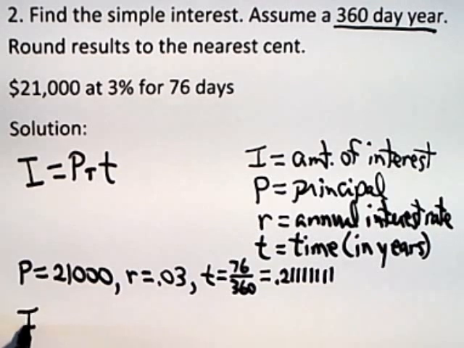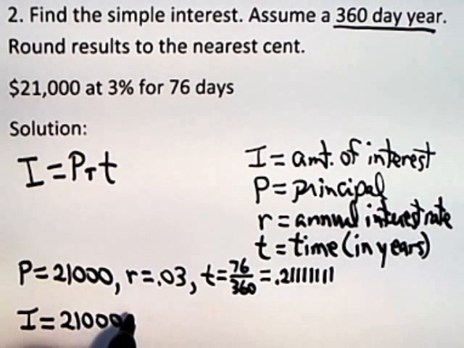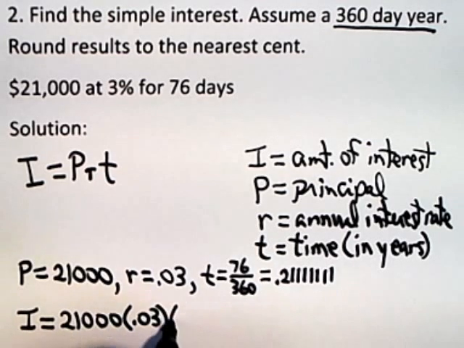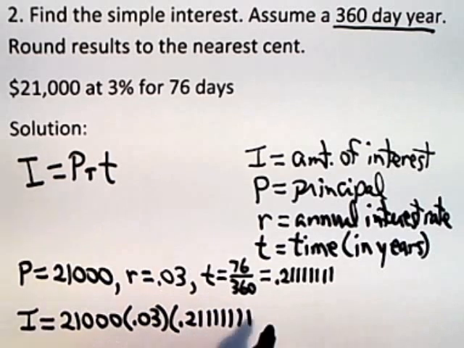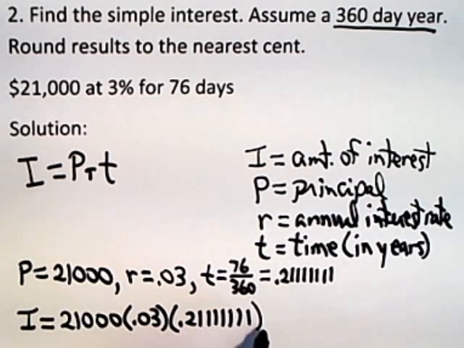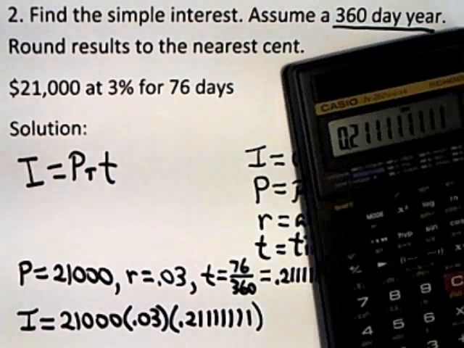So we know now that the amount of interest is going to be 21,000 times 0.03 times 0.21111111, however many ones you want to take, but take plenty. And it becomes a simple multiplication problem.